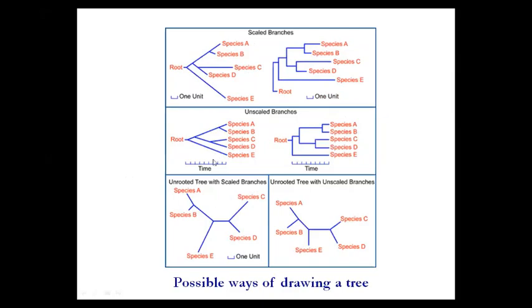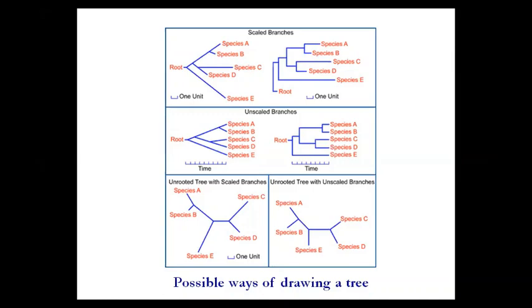And therefore, based on the type of information a tree will give us, they can be classified into different types. Already I told you, they can be classified as rooted or unrooted trees. And both rooted and unrooted trees can again be classified further as scaled and unscaled.